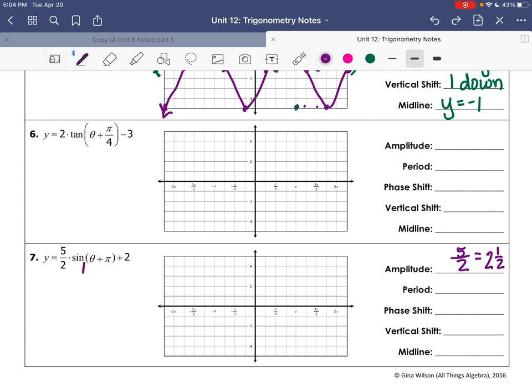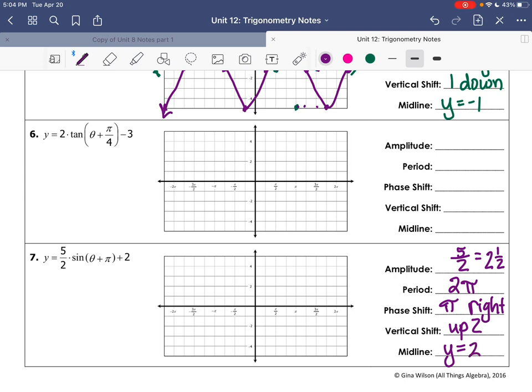Because there's no number after sine before the parentheses, this is just going to stay 2 pi. There's no period change. We're going to phase shift by going pi to the right. So we're going to move everything to the right 1 whole pi. Vertical shift, we've got a +2, so that means we're going to move up 2, and the midline will be y equals 2.